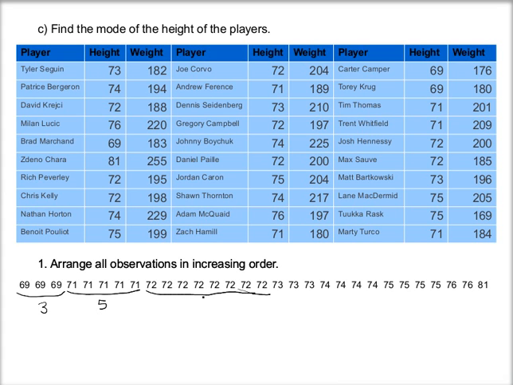I missed one there. 8 copies of 72, and then 3 copies of 74, and 1, 2, 3, 4 copies of 74, 1, 2, 3, 4 copies of 75, 2 copies of 76, and just 1 of 81. So it looks like my mode is going to be 72, which occurs 8 times. So 72 inches is my mode.